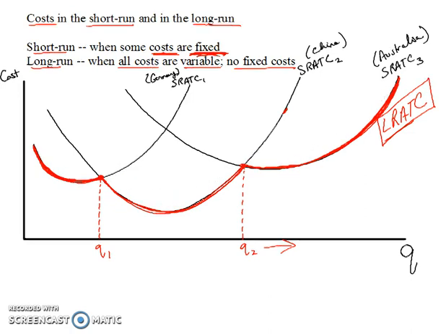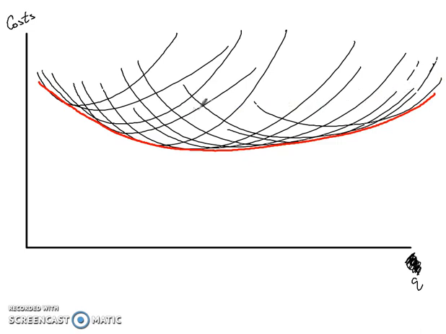But if we think about having a very large number of plants that we could build, then that provides us with a very flat long run average total cost curve. So that would become my long run average total cost curve.